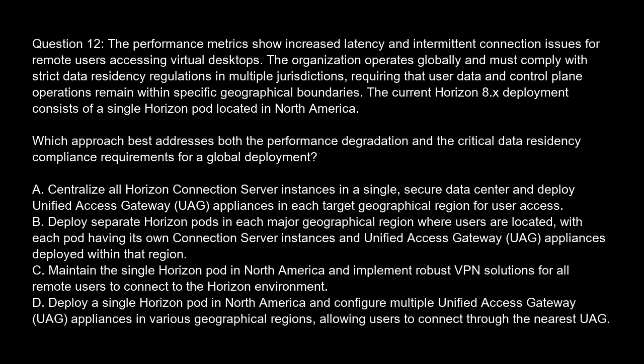Option C. Maintain the single Horizon pod in North America and implement robust VPN solutions for all remote users to connect to the Horizon environment. Option D. Deploy a single Horizon pod in North America and configure multiple Unified Access Gateway (UAG) appliances in various geographical regions, allowing users to connect through the nearest UAG.